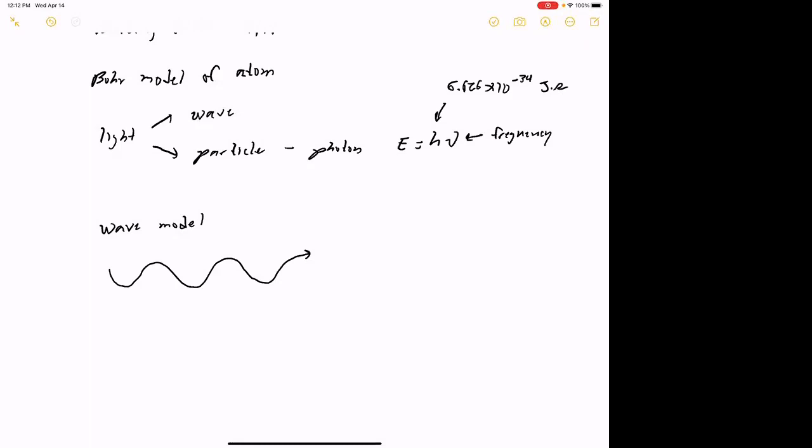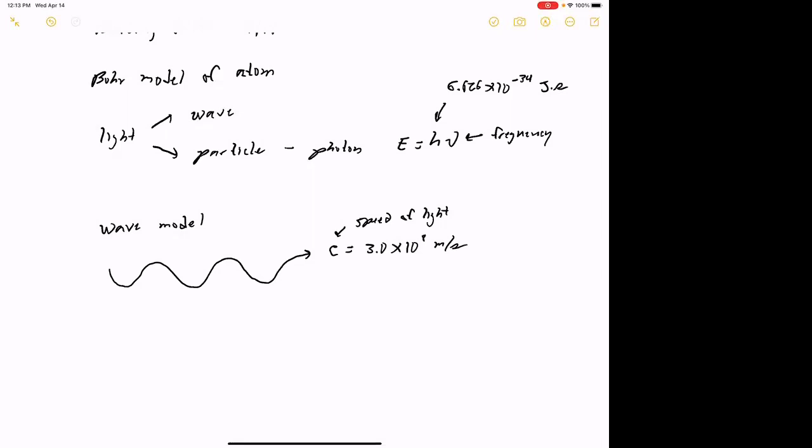That's given by a constant c, the speed of light, which I think we did define in the video. It has a value of 3.0 times 10 to the 8th meters per second. Notice that's a velocity or a speed, so we can think of the wave as moving through space at that speed.